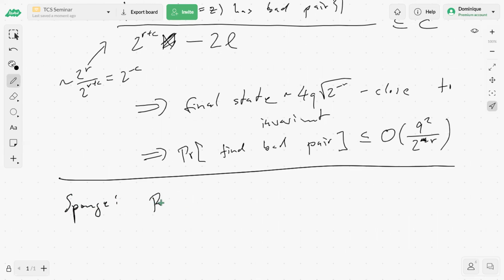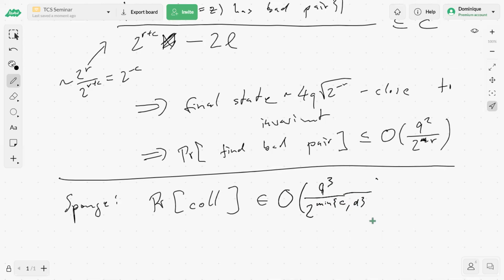For the sponge, the probability of finding a collision is then in O of q to the 3 divided by 2 to the minimum of C, this is the so-called capacity, so part of the inner state, or D, whichever is smaller. D is the output size.